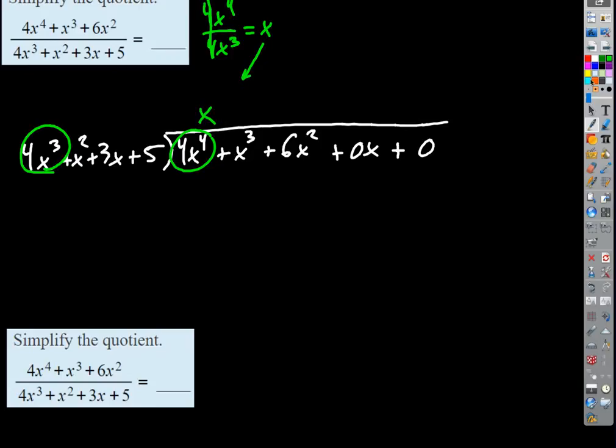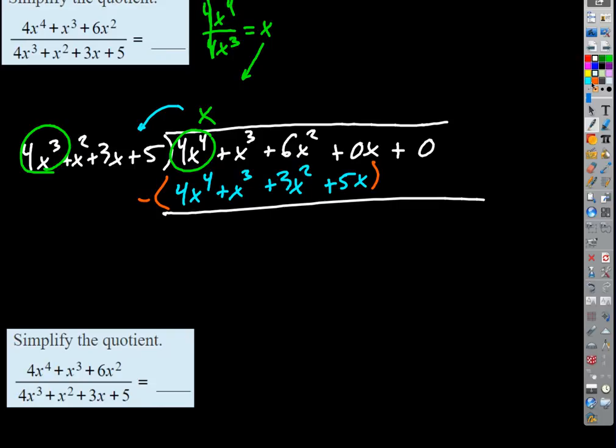If I distribute that through, what do I get? That's easy. If I multiply something by x, what am I just doing to all the powers? Making them one bigger. Good. So I'm just going to get 4x to the 4th plus x cubed plus 3x squared plus 5x, and I'm going to subtract the whole thing.